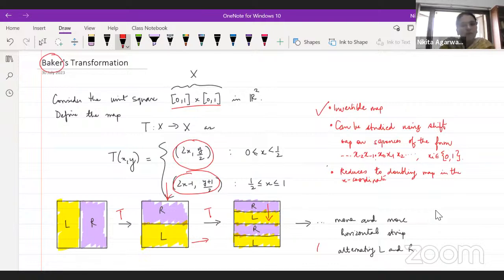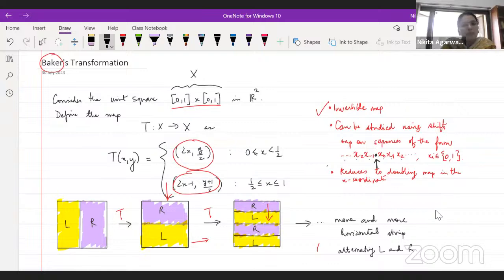So this dot refers to the starting point. Then you have 0th position, first position, second position, and so on, and also backwards. You take the shift map on this by again shifting by one position.